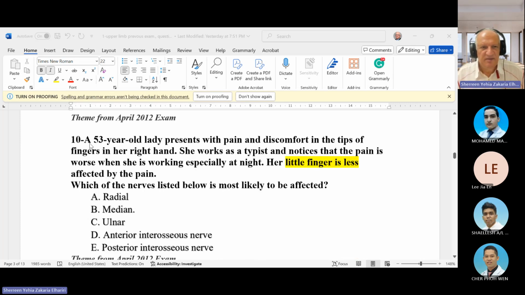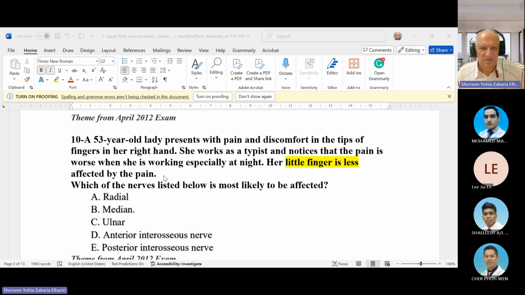Next question, very common. A 53-year-old lady presents with pain and discomfort in the tips of her fingers. She works as a typist and notices the pain is worse when she is working, especially at night. Her little finger is less affected by the pain. Of course, this condition is carpal tunnel syndrome.